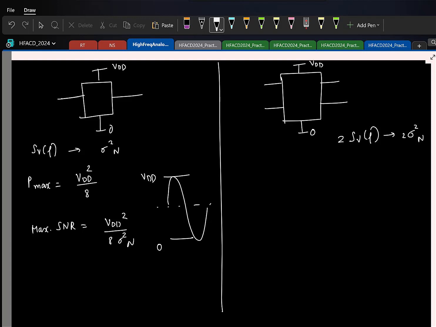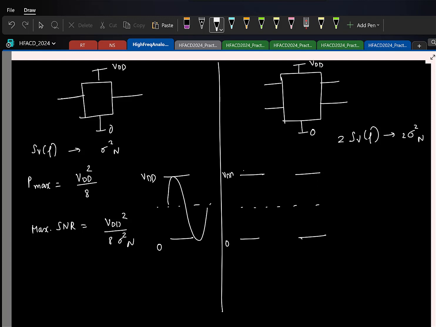So if I find the maximum signal to noise ratio, what is that? Right. So let's try to do the same thing here. Here I don't have one input, I have 2 inputs, right? For each of the inputs, I have the same range, 0 to VDD. So it has to swing again around half.